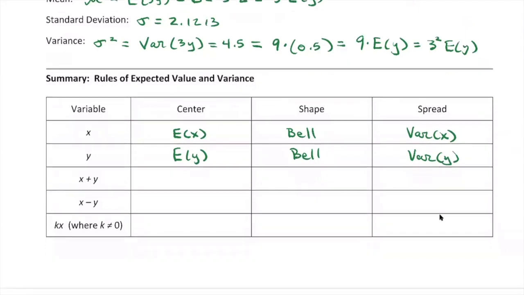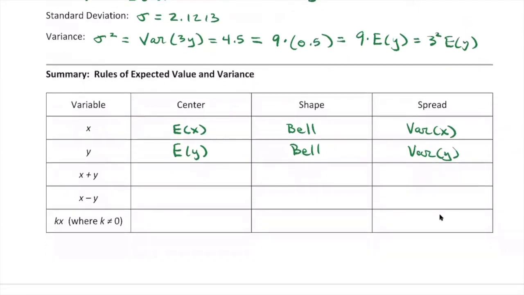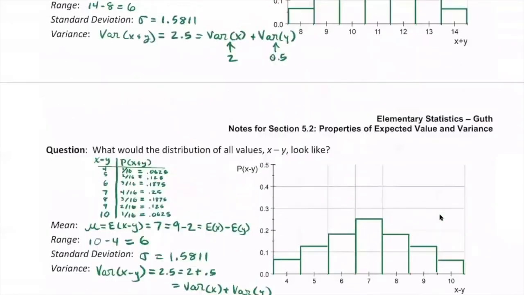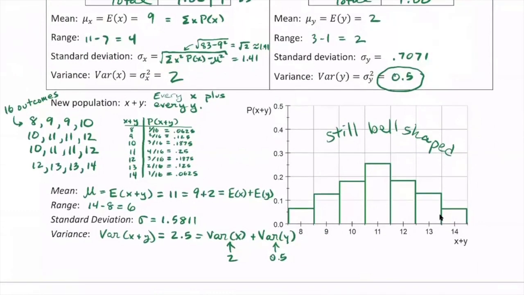Okay. Then x plus y. The center is expected value of x plus y, and I want to go back and remind you, for x plus y, that was the first thing we did here. And we learned that the expected value of x plus y is expected value of x plus the expected value of y.